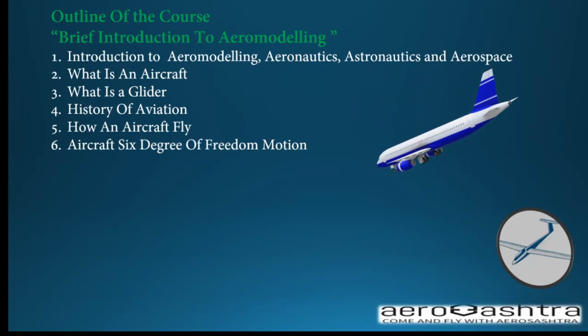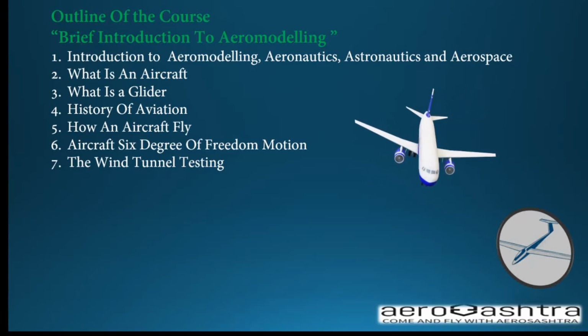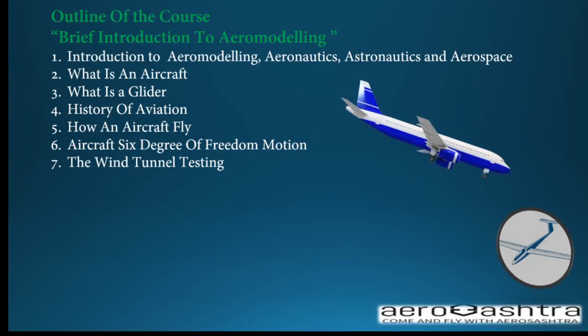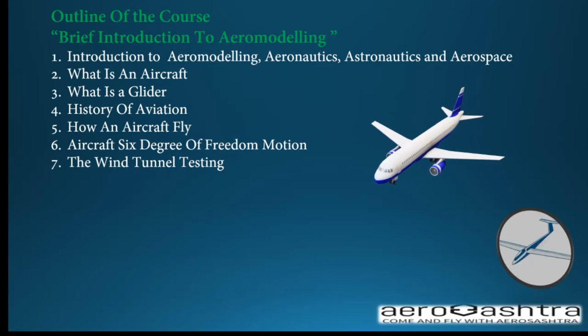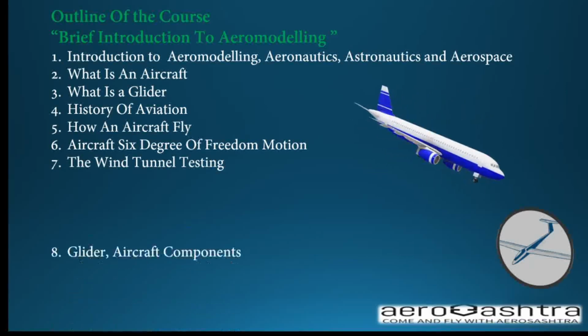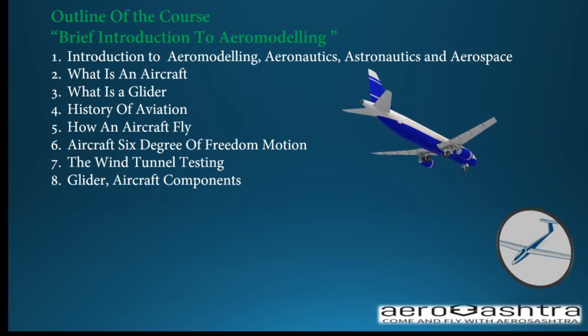This is nothing but the aircraft 6 degree of freedom motion. Then we will see wind tunnel testing. First we should understand what wind tunnels are, and I will tell you about the importance of wind tunnel testing. Then I will introduce the different components of a glider.